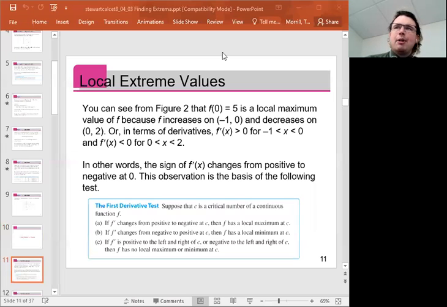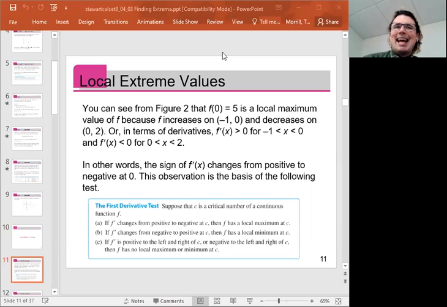Well, in that last problem that showed up, there were already some minimums and maximums, and they mostly lined up with exactly those critical points that we were testing. So this is going to be one of our tests to find a local extreme value.